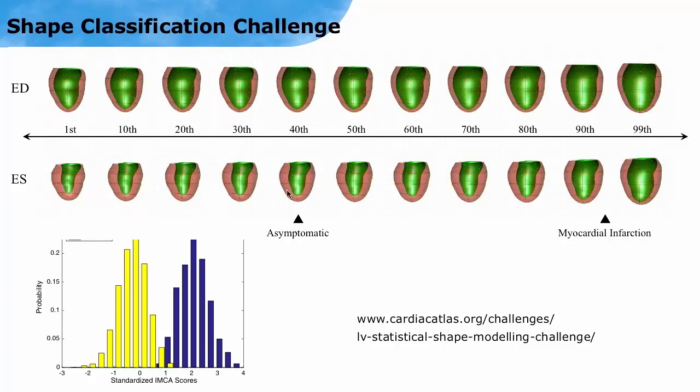And you can do that using statistical methods which are based on linear discriminant analysis or machine learning variants of that, which allow you to distinguish between asymptomatic people and myocardial infarction people with a very high level of accuracy, which is really saying that our index is capturing a lot of the shape changes that happen due to this disease.